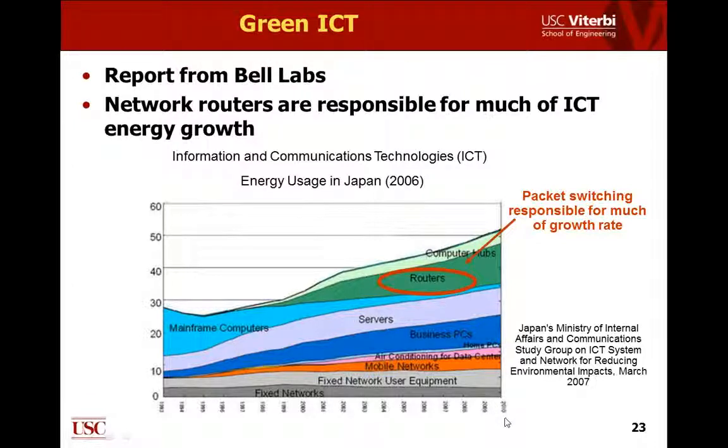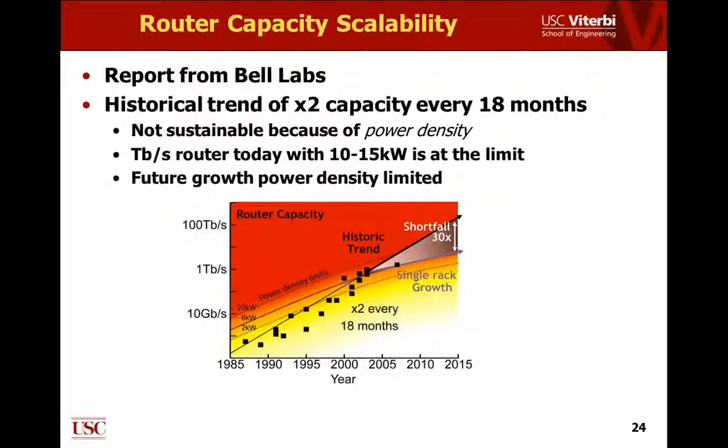It shows that as time progresses, more and more energy is spent in the backbone routers, the internet routers, compared to what is happening in servers and the basic data processing they are doing. So there's quite a lot of energy being dissipated in the backbone, and it makes sense for us to reduce the power dissipation in those routers.